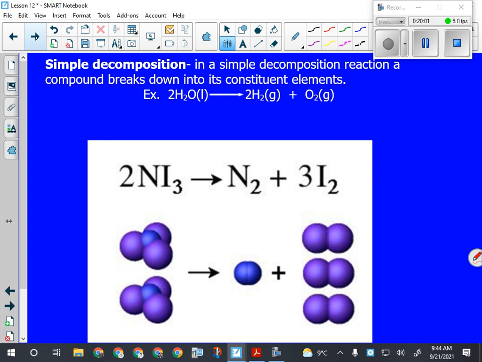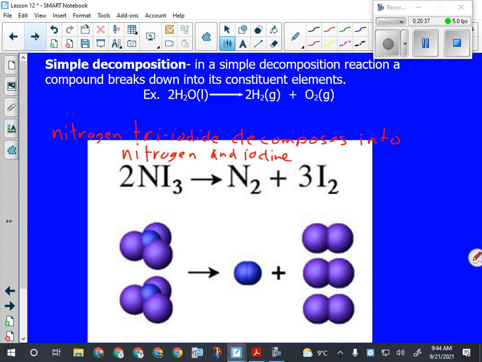Is that something I might have to remember when I'm writing a reaction? It is. If I get this reaction in words, there's going to be no indication that nitrogen and iodine need 2's beside them. Written out in words, this would say nitrogen triiodide decomposes into nitrogen and iodine.